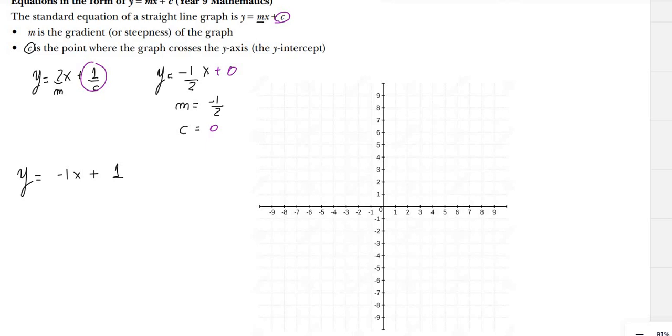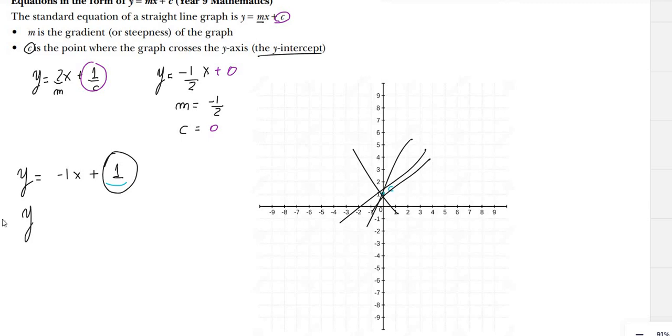Then the value c, this is 1, is represented over here, okay? So this is the value of c. c is 1. And then depending on the gradient or steepness, the graph can be like this, like this, like this, like this. But always keep in mind that this is the value of c and is the y-intercept, okay?